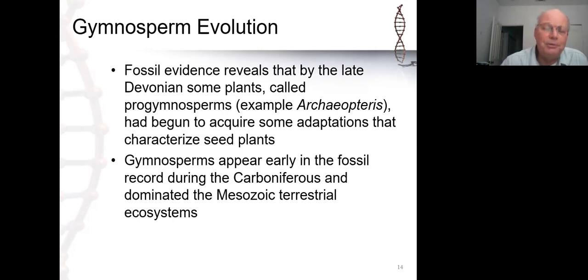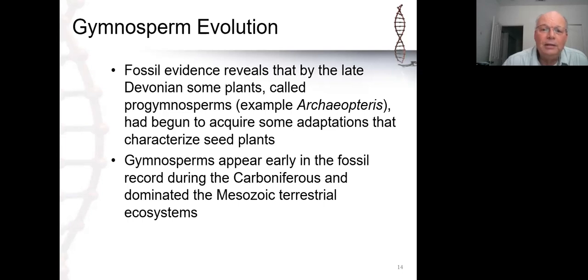in the late Carboniferous, but they really only start to dominate the landscape in the late Jurassic and early Mesozoic, early Cretaceous. We don't actually see pollen grains that we can identify as gymnosperm pollen grains until we get to the Cretaceous.